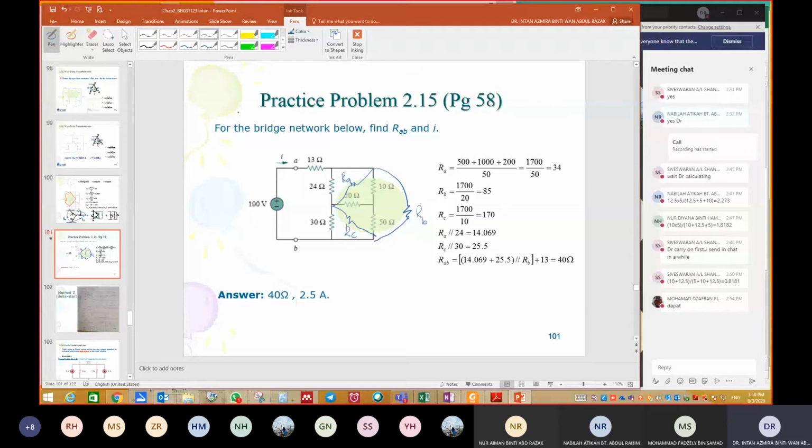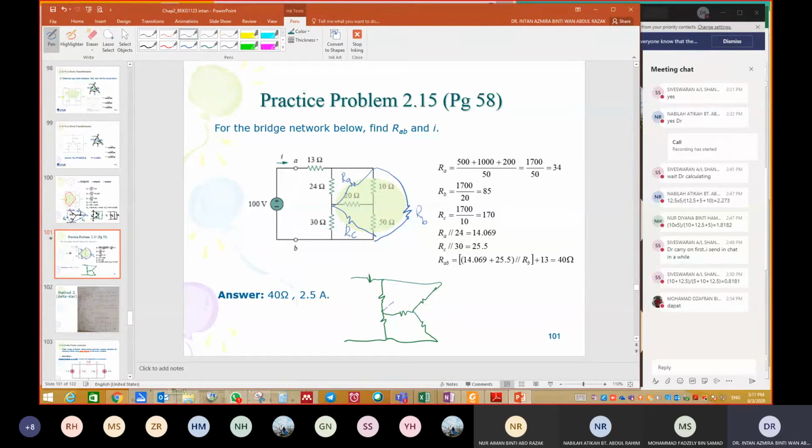Maybe you want to see the star or the real star or delta. This is the star, and then where is the delta?